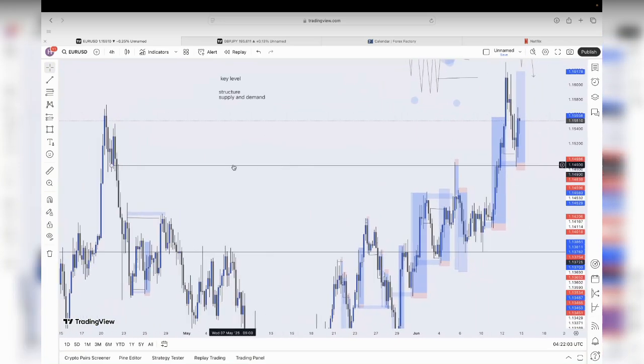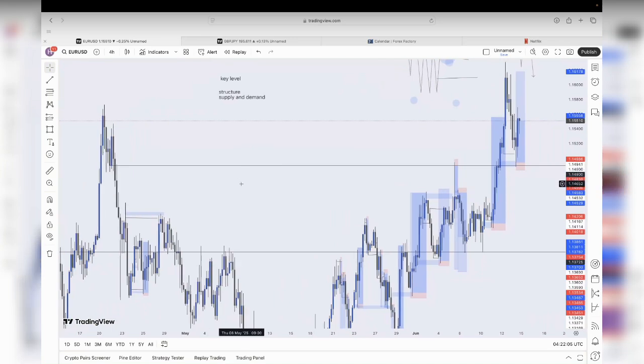Now this psychological level, those big banks and hedge funds are most likely to put their stop loss sometimes at a whole number. Any area that has this whole number, those big banks and hedge funds are likely to have interest in those areas to place their orders.